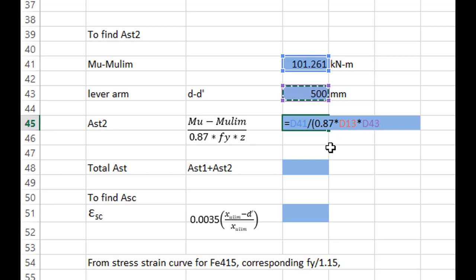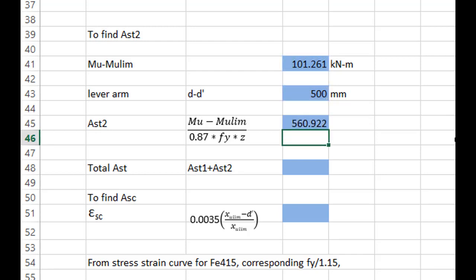So here we have to convert the kilonewton meter into Newton mm. So for that we have to multiply it by 10 raised to 6. So we have obtained the value of 560 mm square. Then the total AST is nothing but the summation of AST1 and AST2.